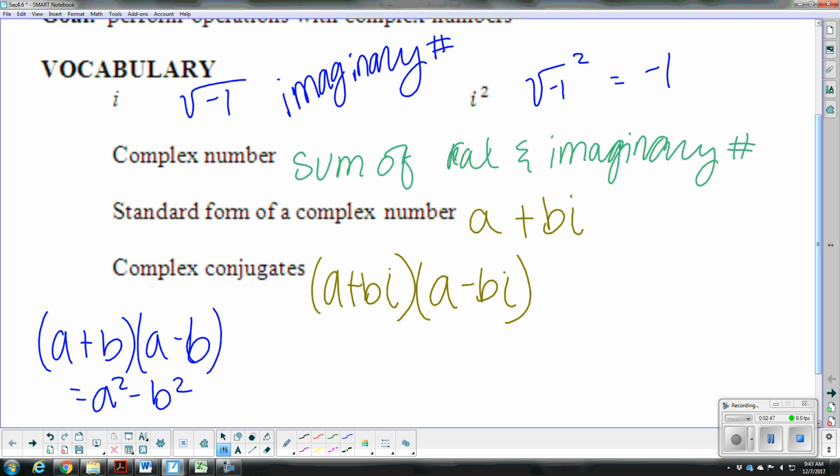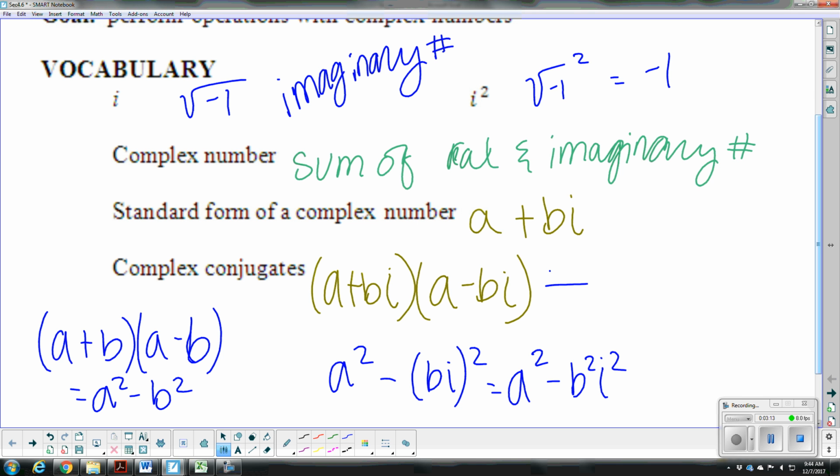Here it's going to be the same thing, but it's a squared minus bi squared, which is b squared times i squared. And since i squared is -1, this will always be a real number.